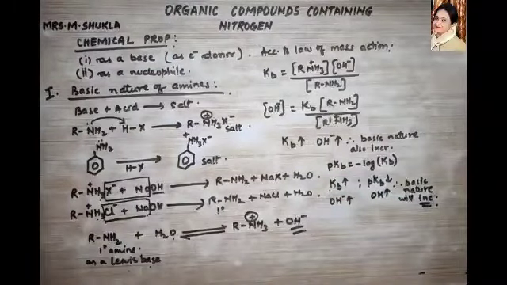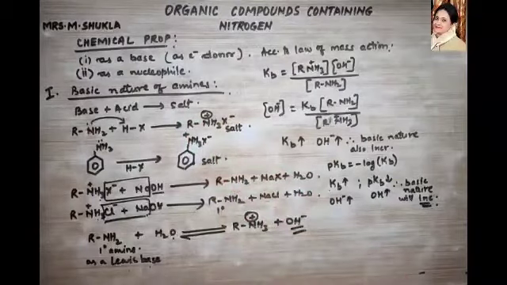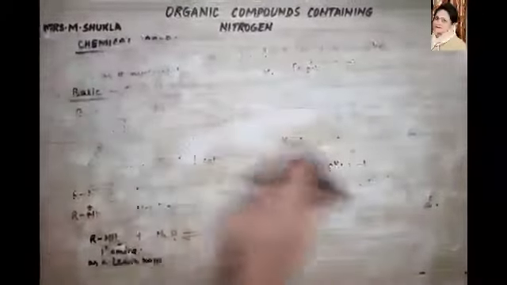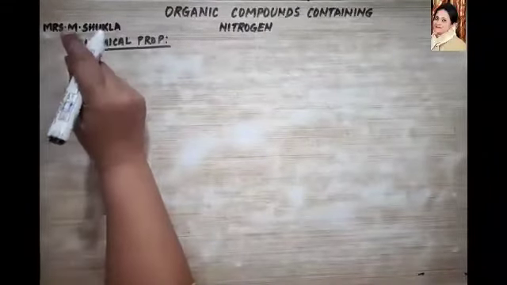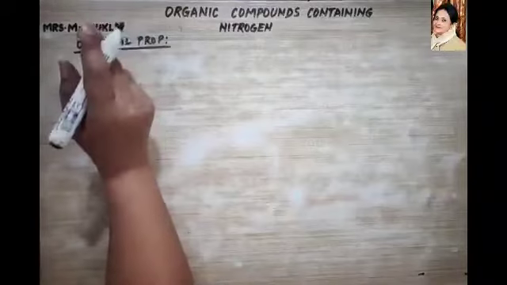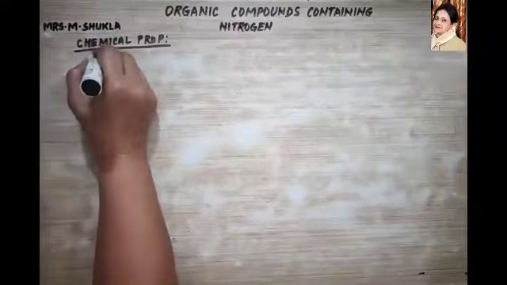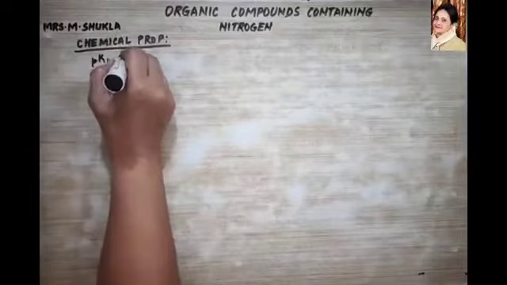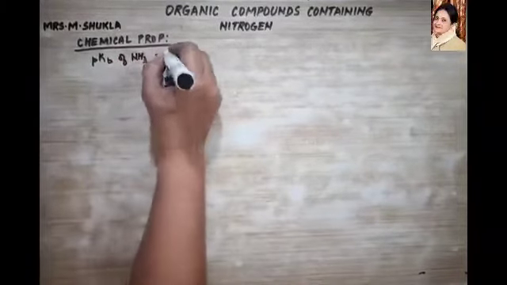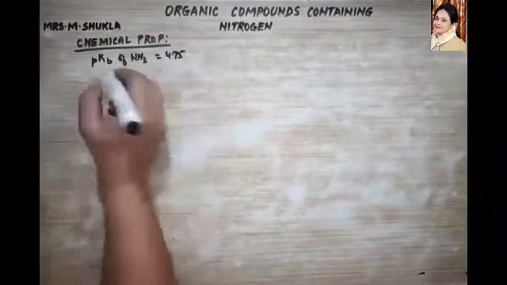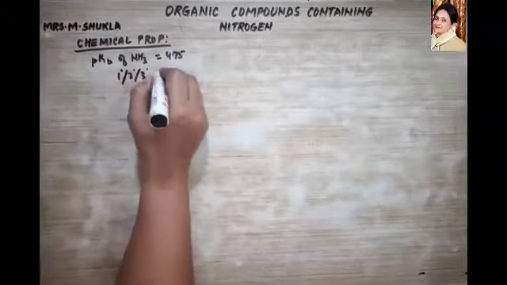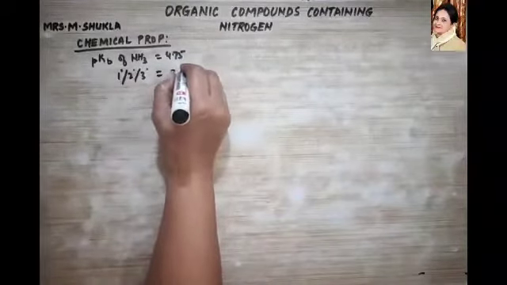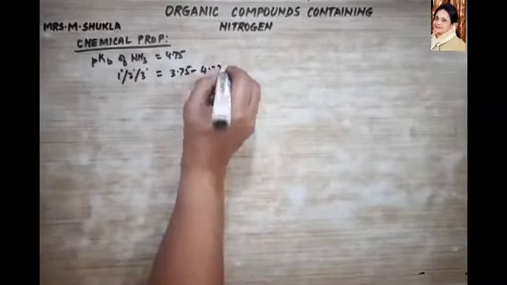Now let us compare ammonia and alkyl amines. If we compare the basic nature between ammonia and the alkyl amines, it is given that the pKb value of ammonia is around 4.75, and that of primary, secondary or even tertiary amines ranges from 3.75 to 4.22.